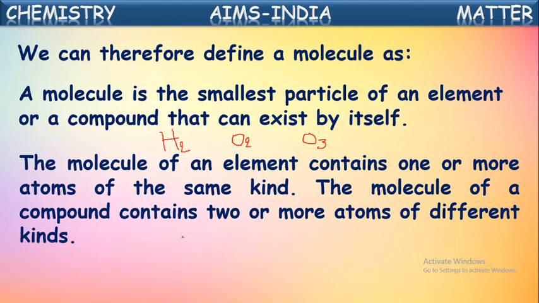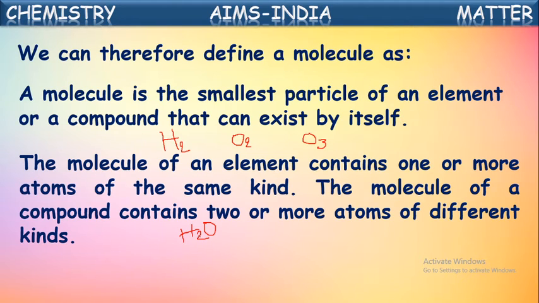Okay, a molecule of a compound contains two or more dissimilar atoms. For example, the water molecule. What are the atoms present in it? Two atoms of hydrogen and one atom of oxygen. Two dissimilar atoms are there, isn't it? So a molecule of a compound contains two or more different kinds of atoms.